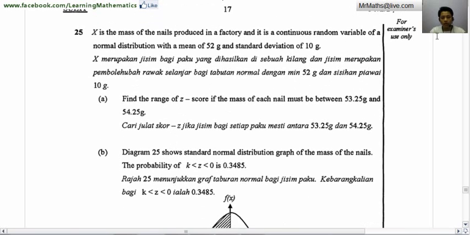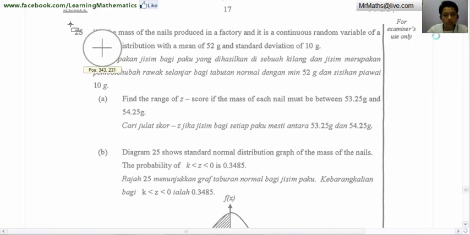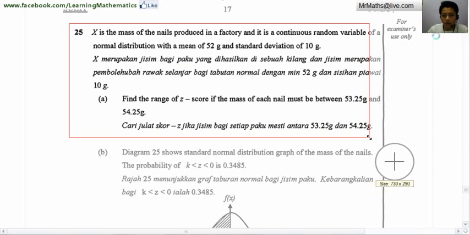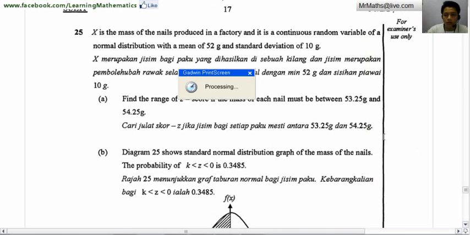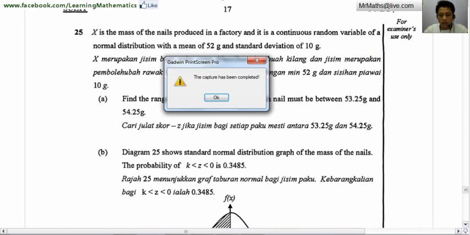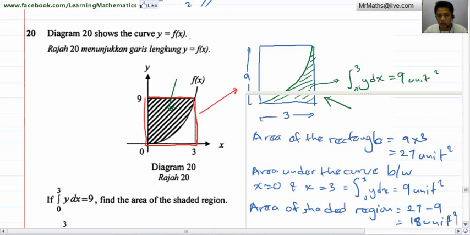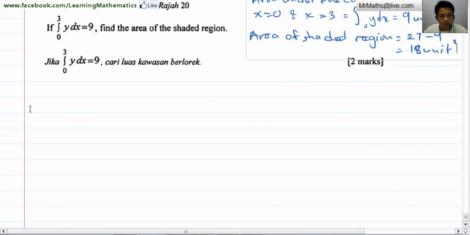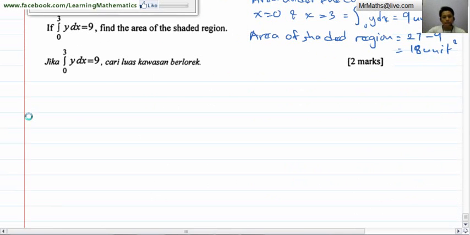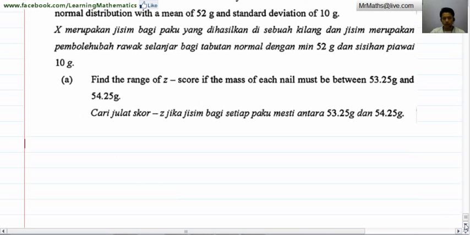I need to move this graph over somewhere else. Put it in another separate piece of paper. So how do you find z-score?